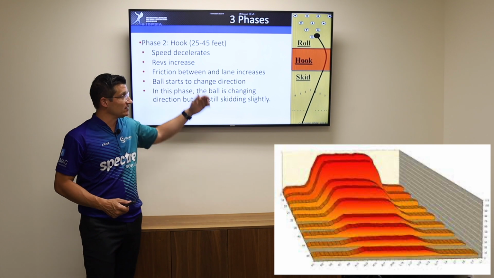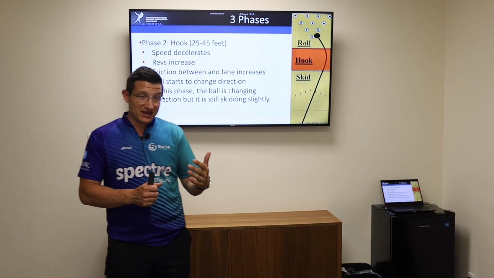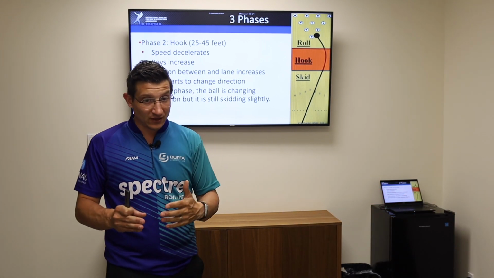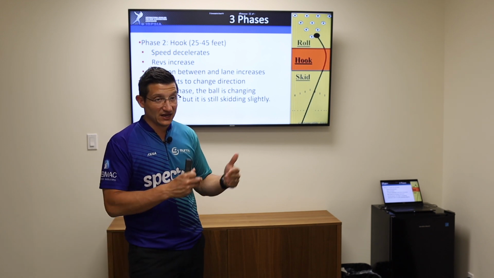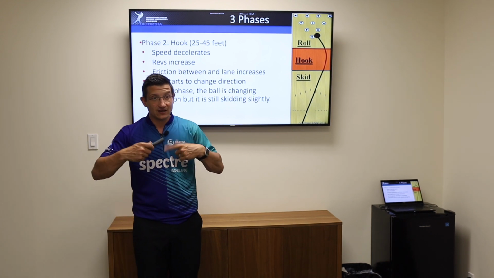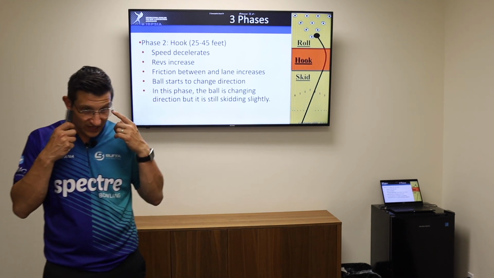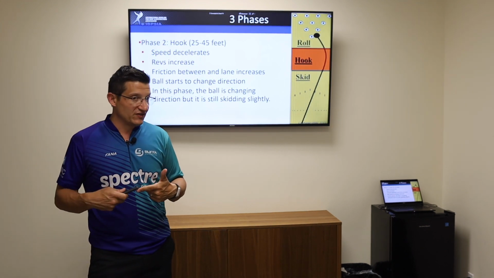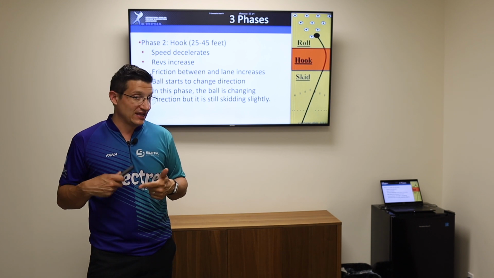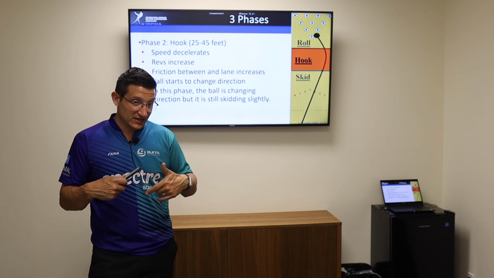So friction between the lane increases, which is making the ball slow down, okay? So it's making the ball decelerate, and because it's encountering friction, what's happening is that it is revving up. Okay, so in this phase, people tend to see, hey, I see my ball revving up, it's gaining speed. No, it's not gaining speed, it's decelerating, but it's gaining revs.